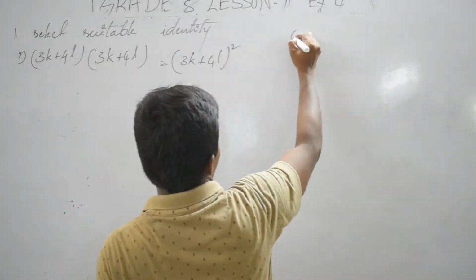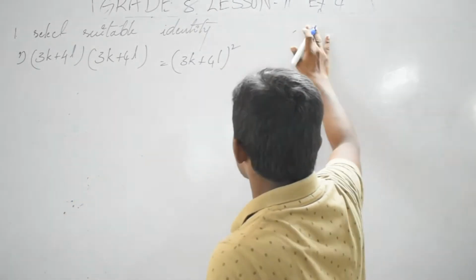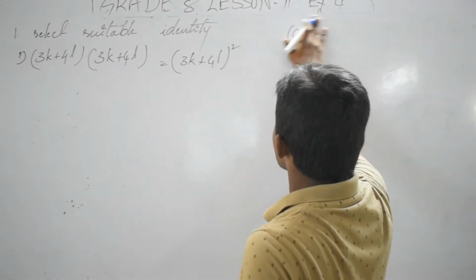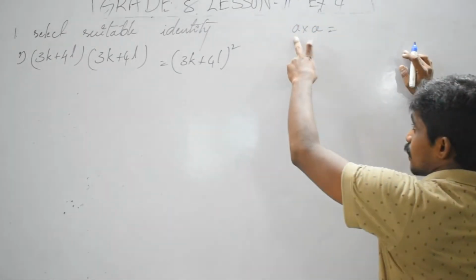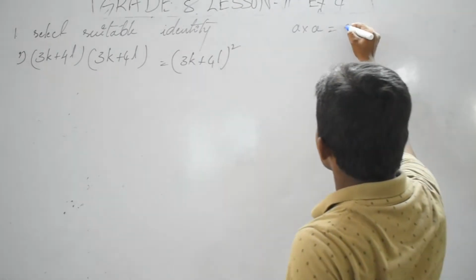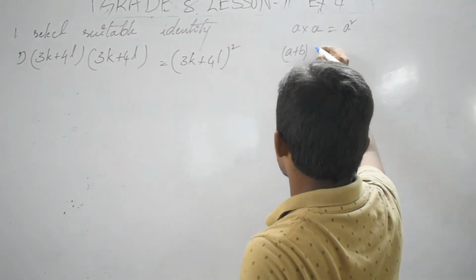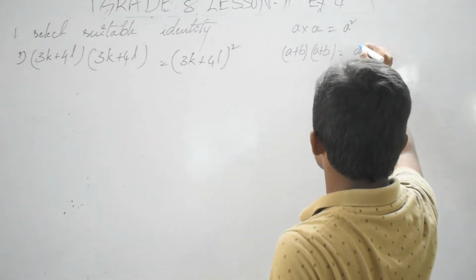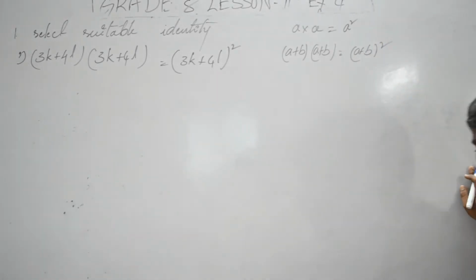Why? Here (a plus b) cross (a plus b), both are the same 2 terms. So it is (a plus b) whole square.